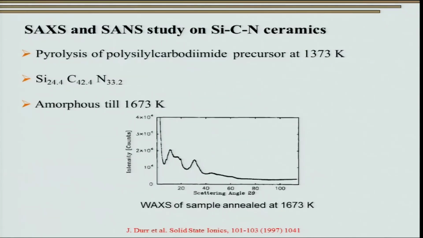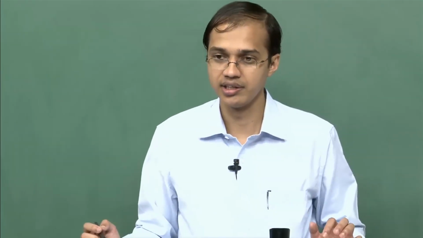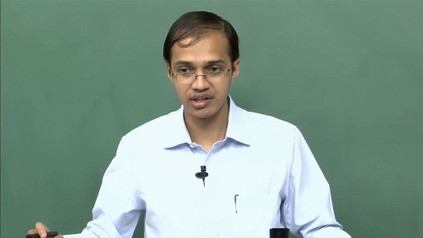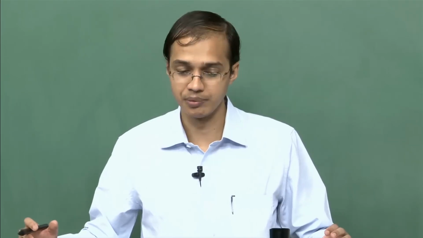Now, as I had mentioned, and as we also appreciated in the last class, small angle X-ray scattering and neutron scattering, or for that matter X-ray and neutron, can be used as complementary sources.